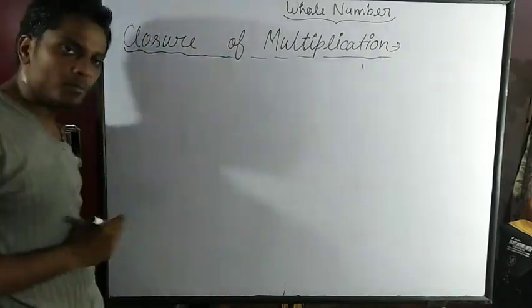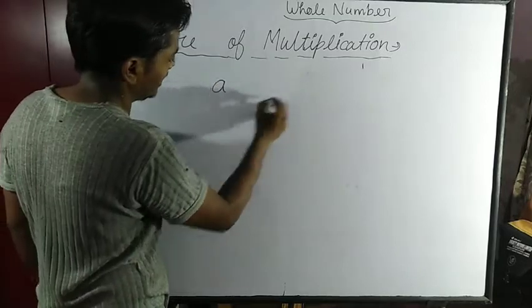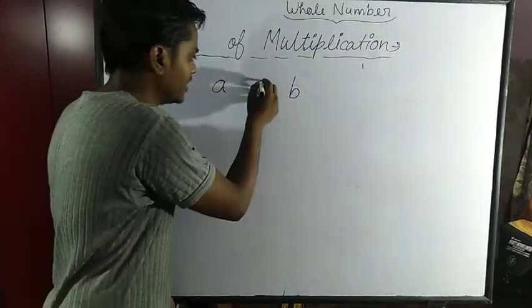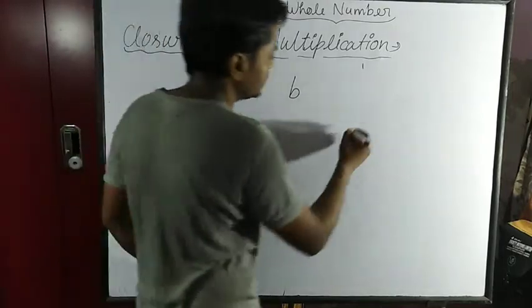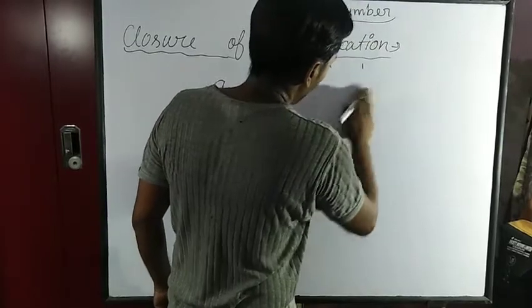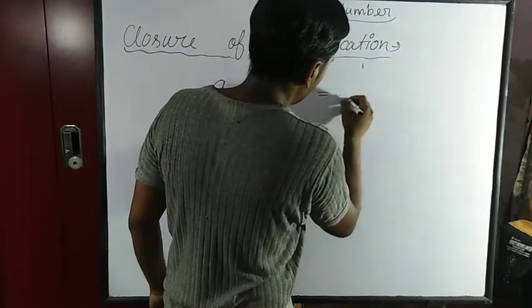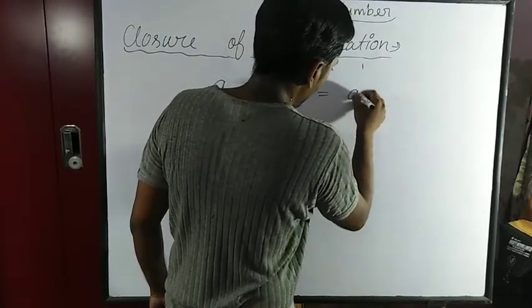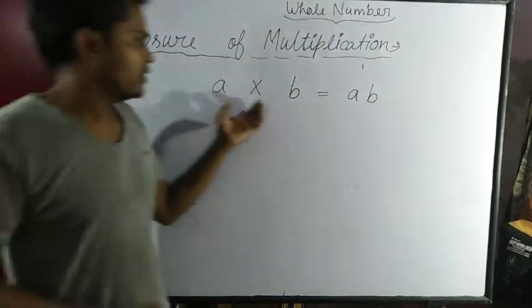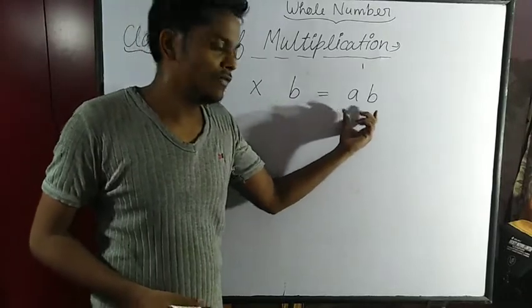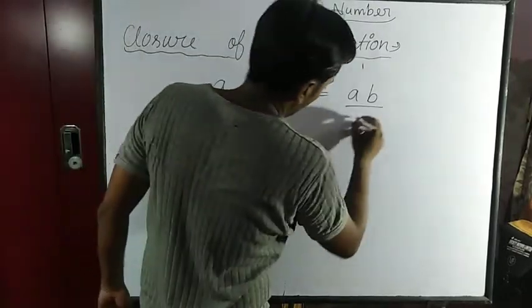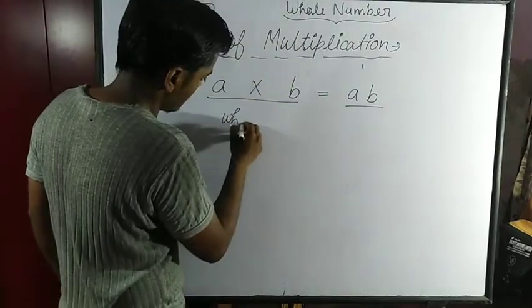Closure property of multiplication: if we have two whole numbers a and b, then the multiplication of a into b is always equal to ab, which means the multiplication of two whole numbers is always a whole number.